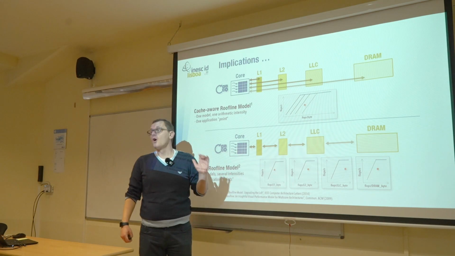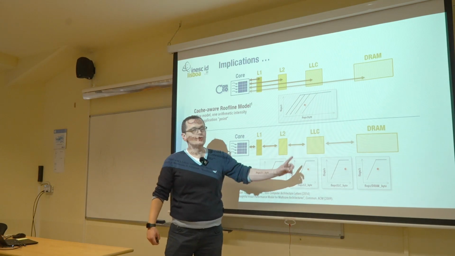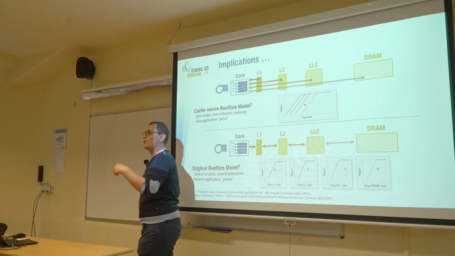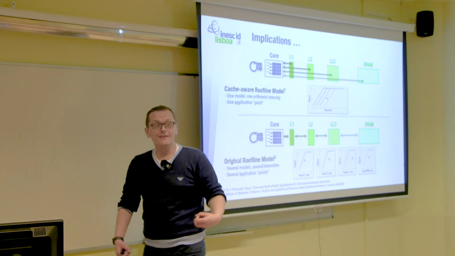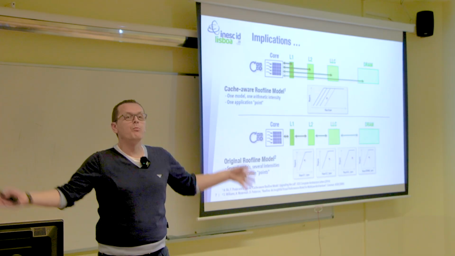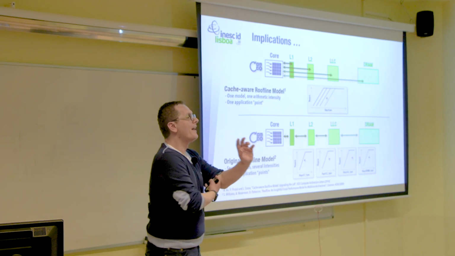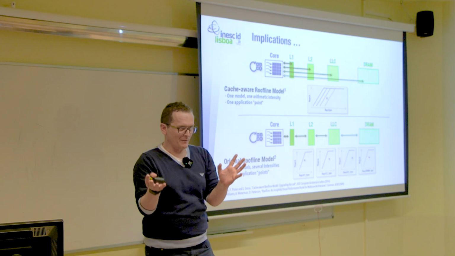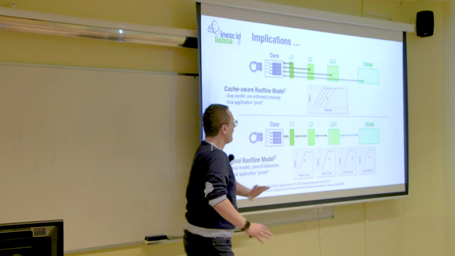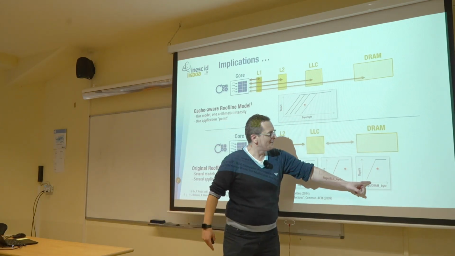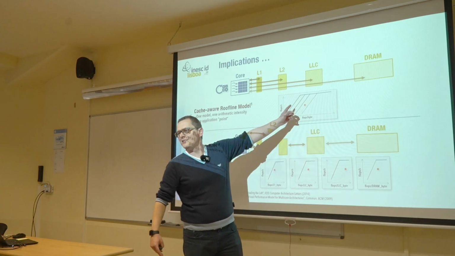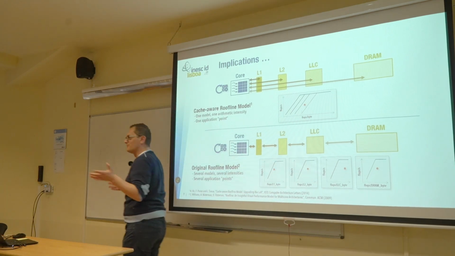That brings you one model for each level of the hierarchy, which means you have one application characterized by several points at the same time. So it's multiple models with multiple points. And this is something you don't see in the papers, because all of them start from that perspective, but sometimes they mix it with this one, and then it's a whole lot of mess when you read the papers.